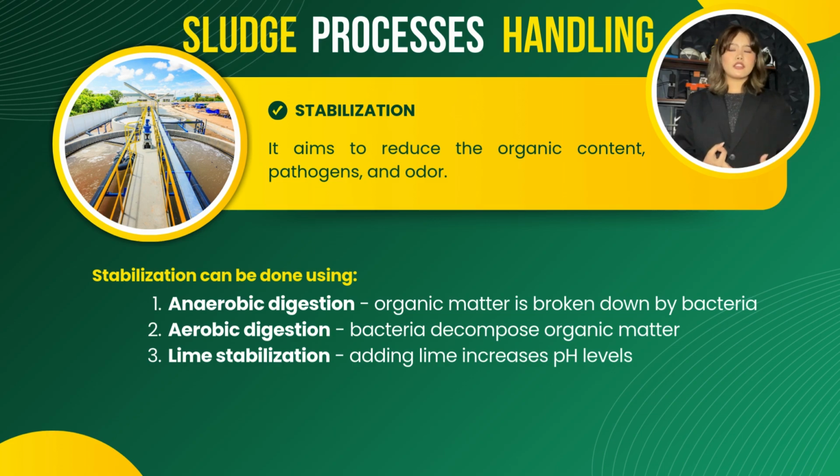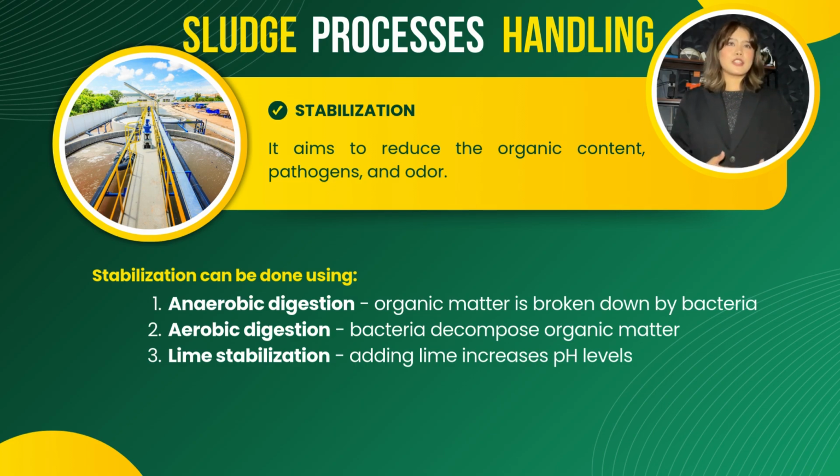Stabilization. It aims to reduce organic content, reduce pathogens, and eliminate offensive odors and production of flammable gas, in which stabilization can be done using anaerobic digestion, in which organic matter is broken down by bacteria in the absence of oxygen. It converts organic matter into carbon dioxide, methane, and ammonia.